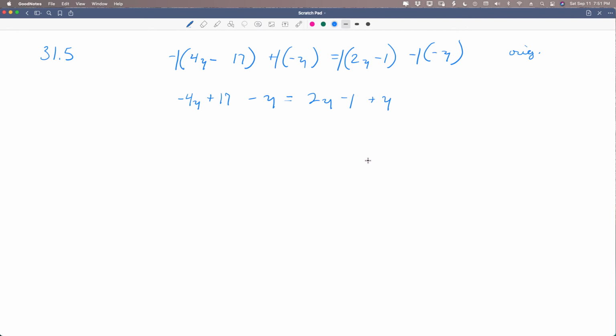All right. So now we're going to squish is the next step. Actually, we distributed here. All right, we distributed. Now we're going to squish.